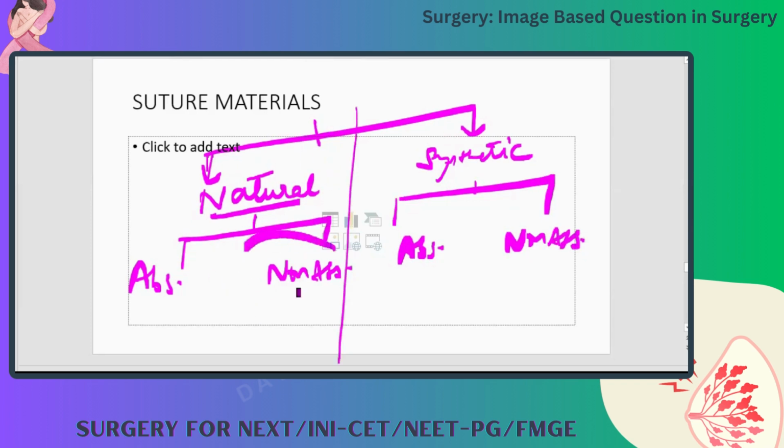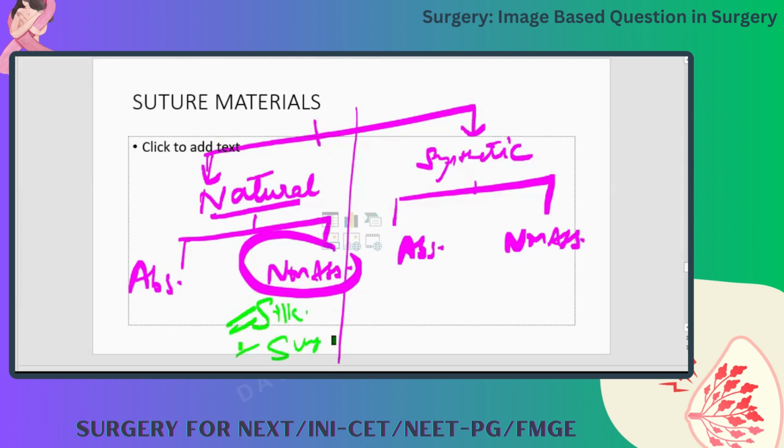What are the non-absorbable sutures in natural? You know, one which we use. Silk. Yeah, very good. Natural, non-absorbable: silk. And surgical steel also.